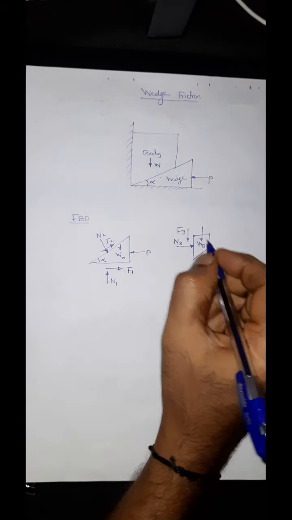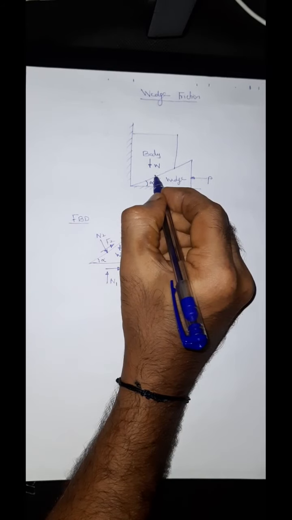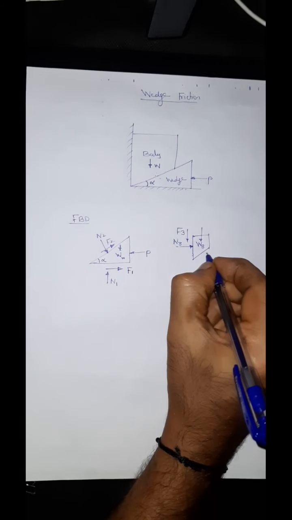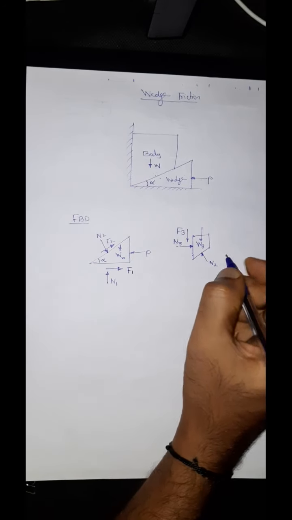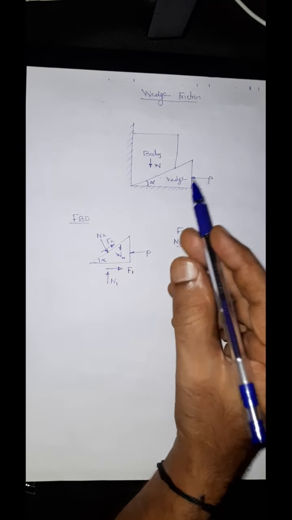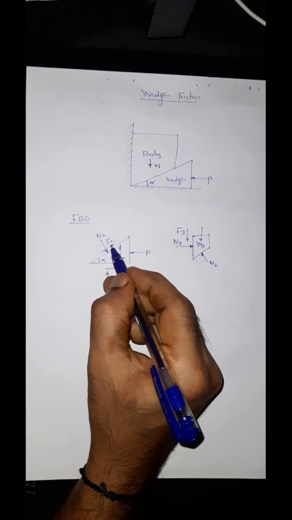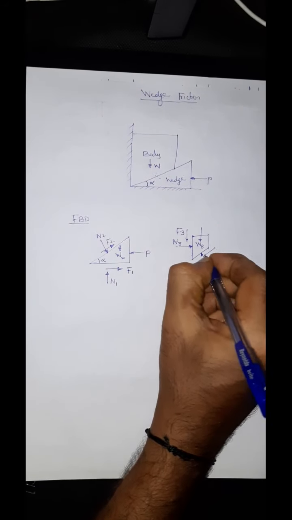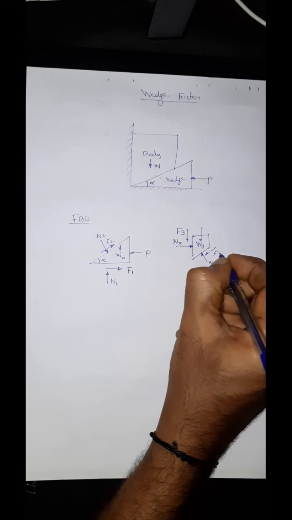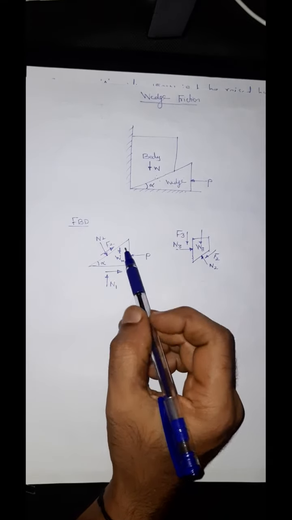Correct? And where there is contact between the surfaces of the body and wedge, there will be a normal reaction perpendicular to the surface. Here the friction is acting in the upward direction, therefore this friction will act opposite to that friction. Is it clear?